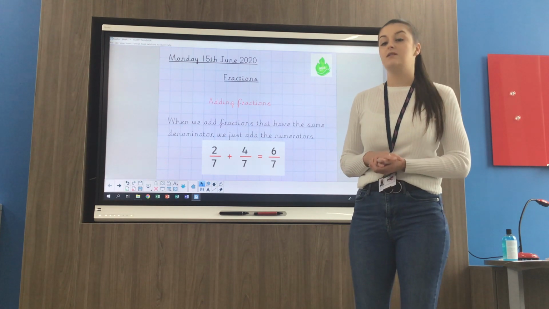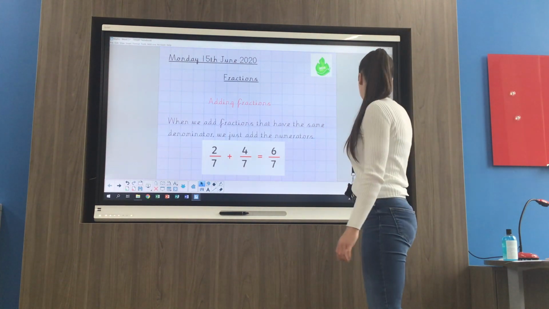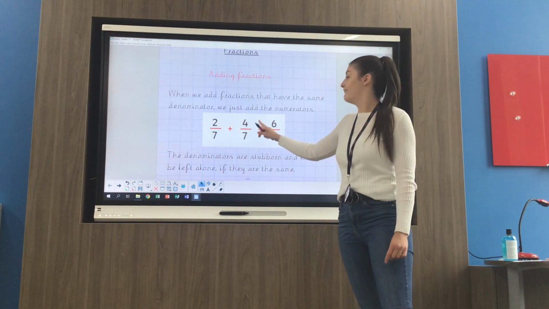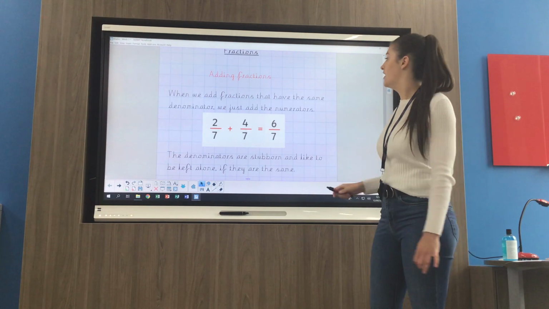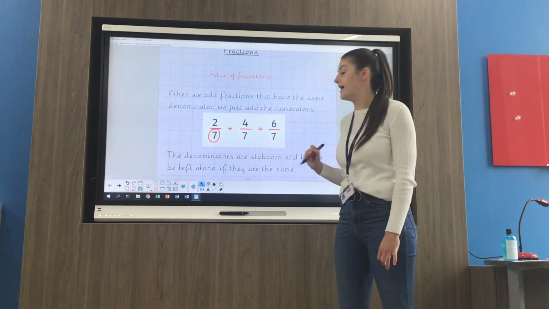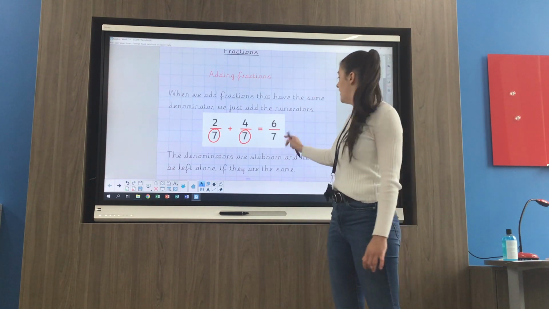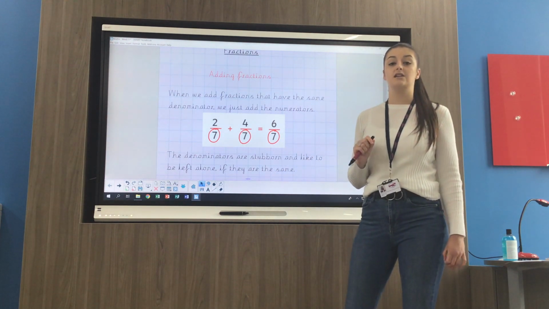So if you've been doing the mild sheets, we are looking today at adding fractions. So I've got two fractions here, 2 sevenths add 4 sevenths. Now when we add fractions, if my denominators are the same, so I've got out of 7 equal parts there and 7 equal parts here, the answer will have the same denominator because the denominator is stubborn.